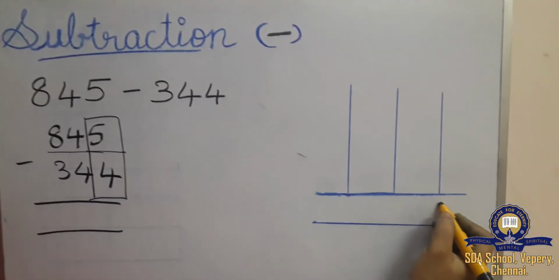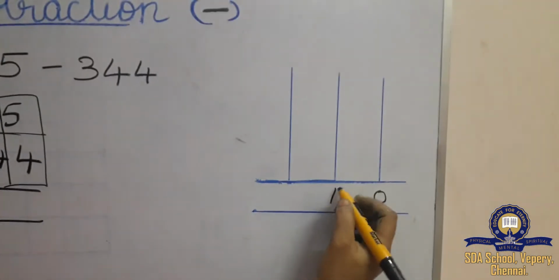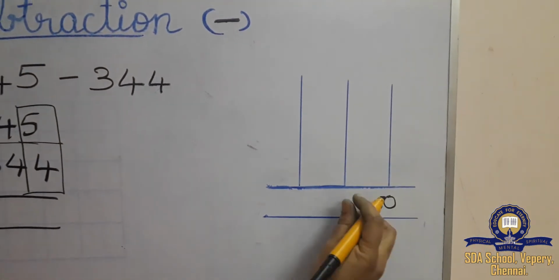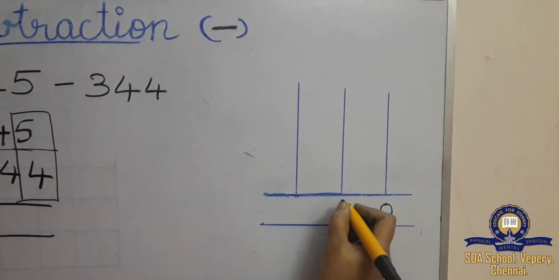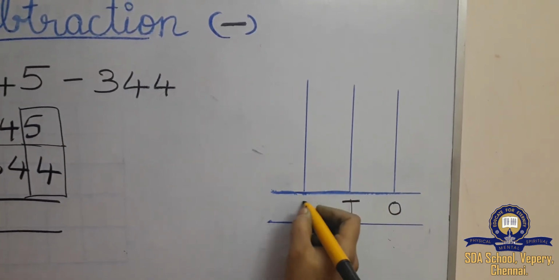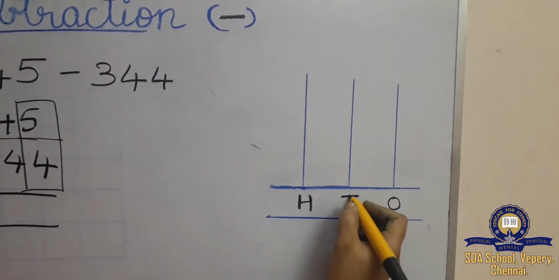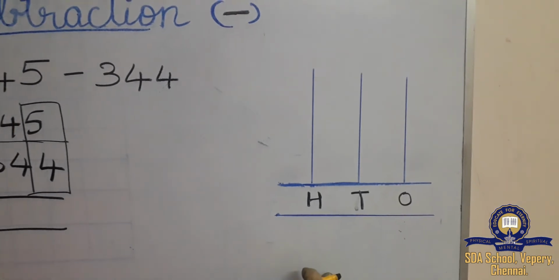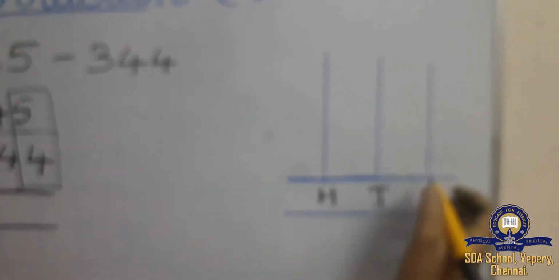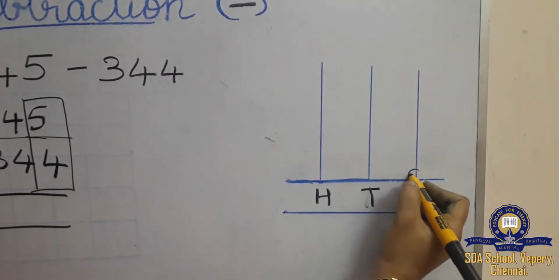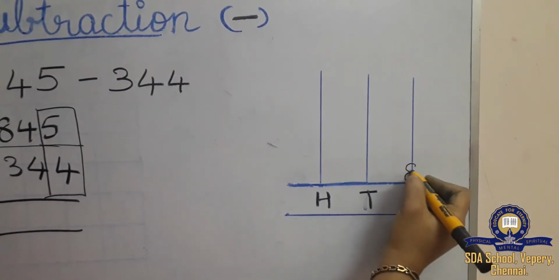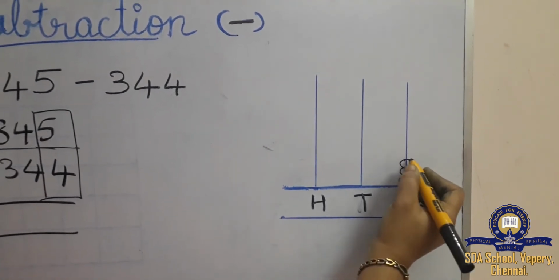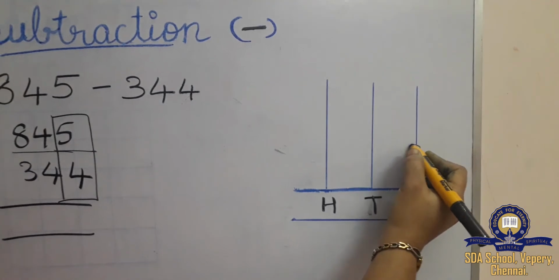So ones, tens, hundreds. Here the first thing is 5: 5 beads, 1, 2, 3, 4, 5.